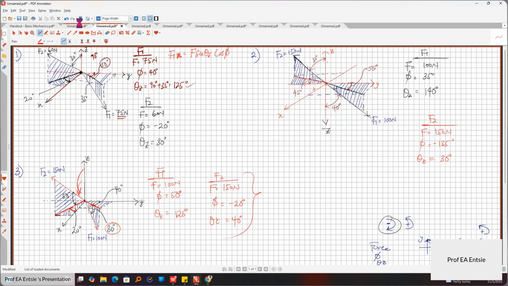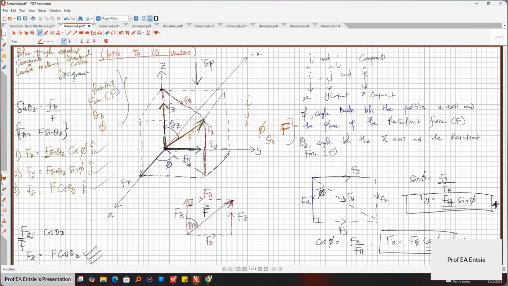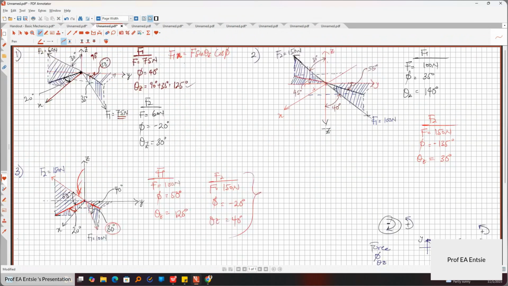That's the expression we had in our last discussion. That's the x component. So you put F 75, sine theta z, which is 125, cos phi, which is 40. Then the answer you get is in terms of the i component.